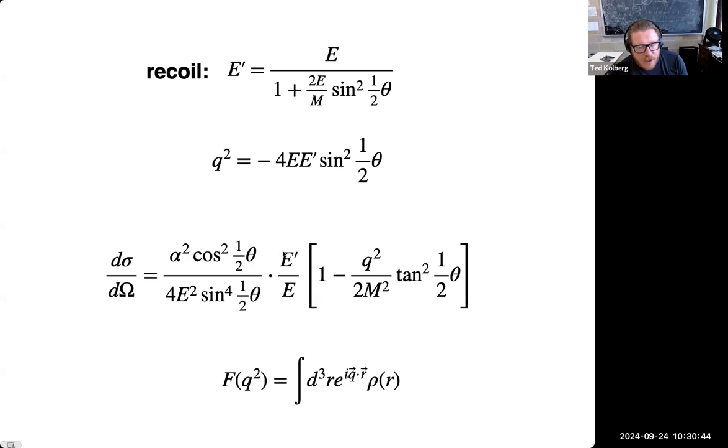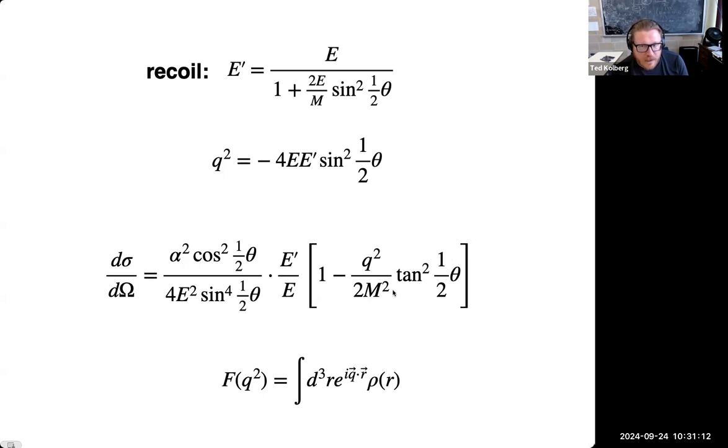But then we have this additional factor, which it's multiplied by, that includes the ratio of the outgoing to the incoming particle energy. And then this correction factor here, which has to do with the scale of the momentum transfer and the mass of the probe particle, as well as this tan squared of the angle.